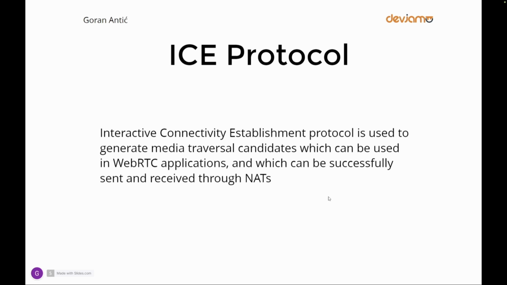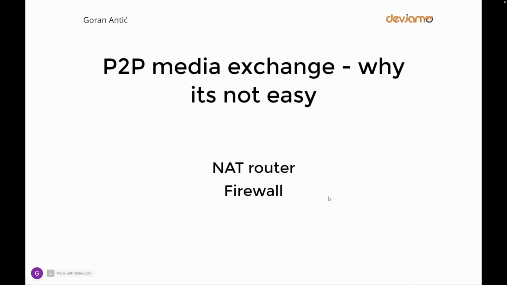Firewalls, for example, can prevent you from using UDP on most ports, and that could be a problem. So it helps with traversal of candidates, which can be used in a WebRTC application and successfully sent and received through NATs. So why is it not easy? I mentioned the NAT router may be a problem, and also your firewall may be a problem.